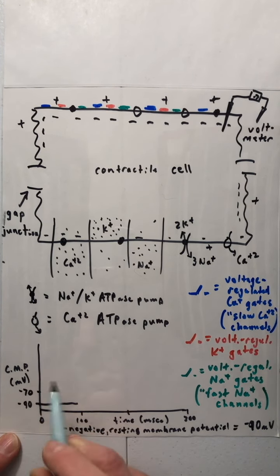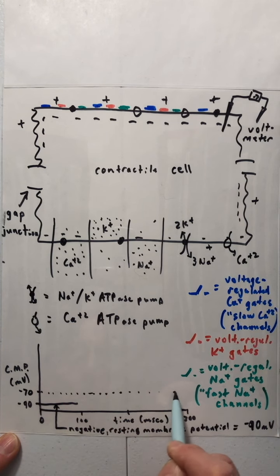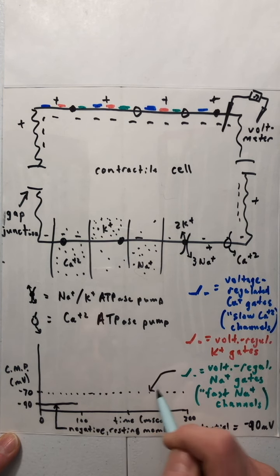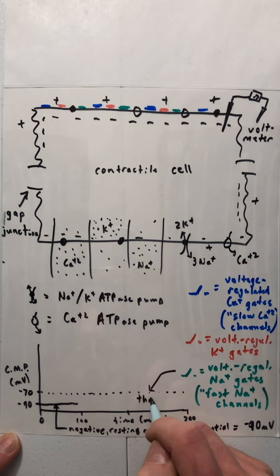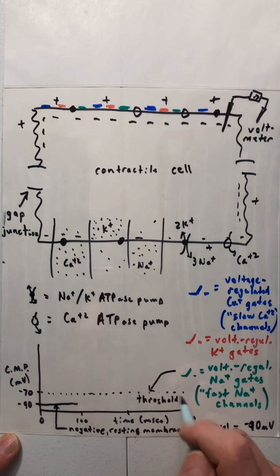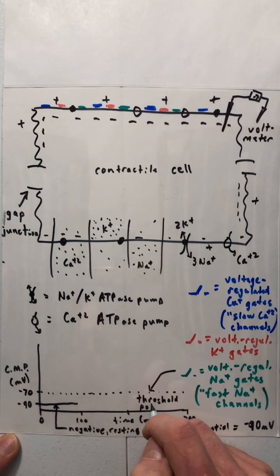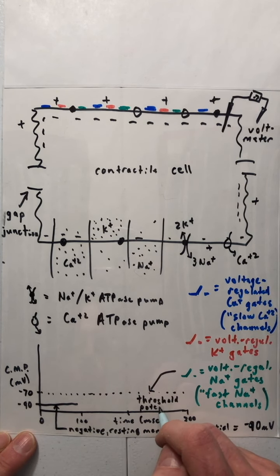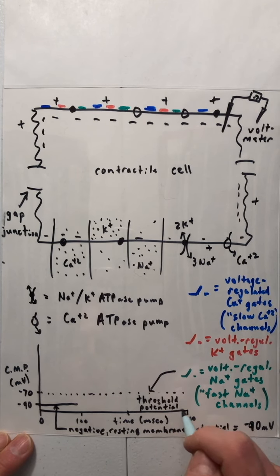So I'm going to draw a dotted line here just to let you know that that's the threshold potential for the opening of these fast sodium channels. So we call that the threshold potential. Remember, in autorhythmic cells, the threshold potential was minus 40. Here it's minus 70. So the numbers are a little different, but the concepts are similar.